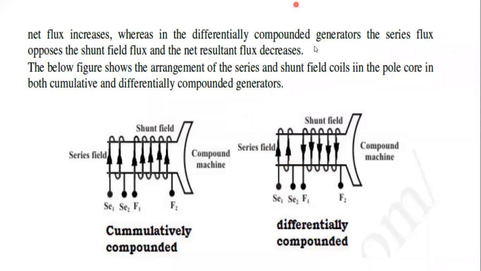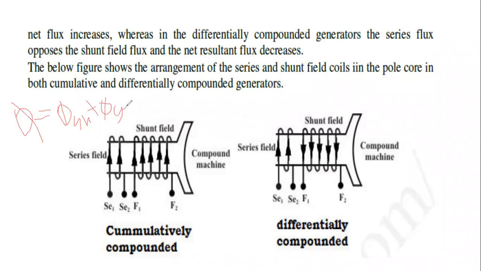Therefore, we have the formula related to the compound generator: the total resultant flux in the cumulatively compound generator is phi equal to phi sh plus phi sc.